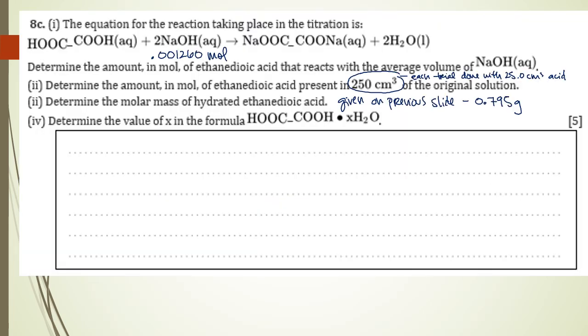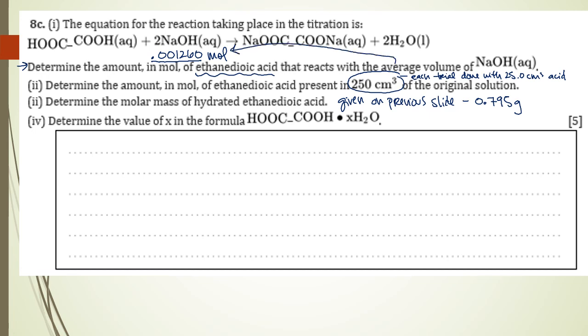0.001260. All right, so I have added here some of the numbers that we had from the previous slide, just so we don't have to keep clicking back and forth in the video. So we just determined that there were 0.001260 moles of sodium hydroxide in each titration trial. We're going to first figure out the amount in moles of ethane dioic acid that reacted with that average volume.